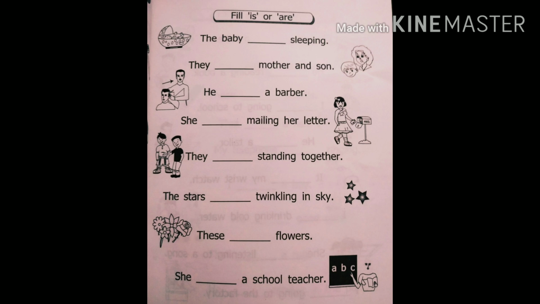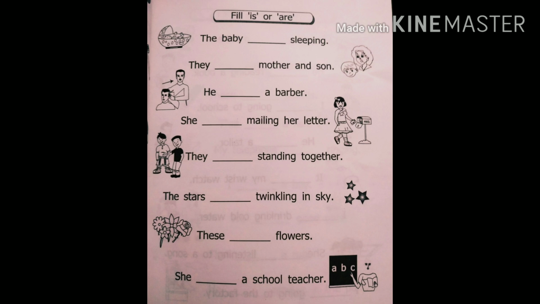He is a barber. When we're talking about one person, one object, one thing, one animal, we use is. So here we're talking about one person, he. He is a barber.